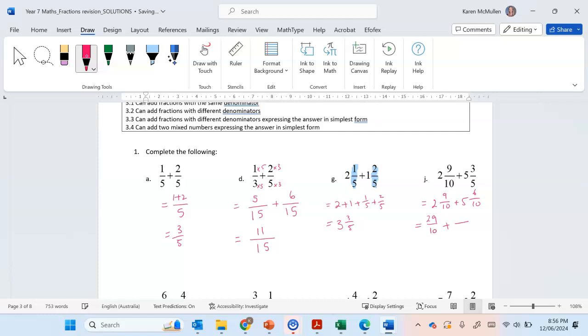And then 5 times 10 is 50, so 56. So I get, what is that, 85 over 10. And then I say, well, how many times does 10 go into 85? That is 8, remainder 5, so 5 over 10, and you can get your 8 and a half that way.